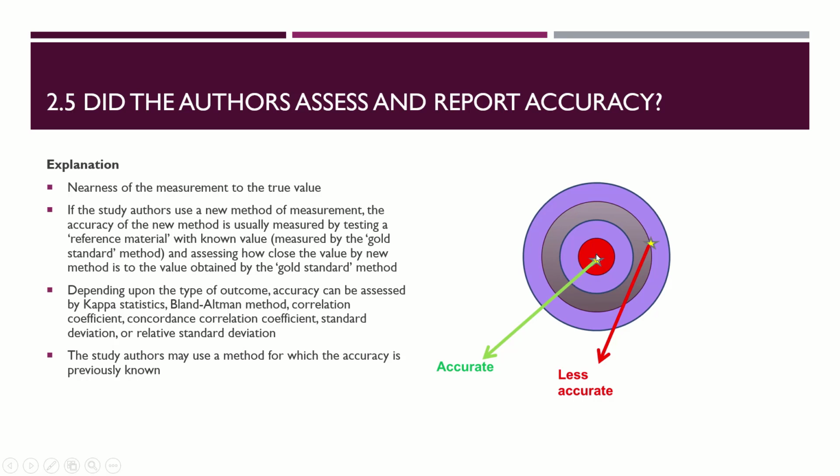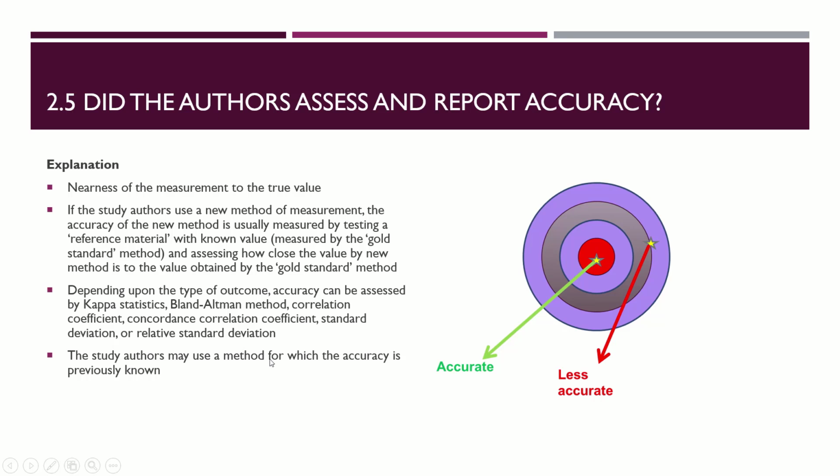And you score more marks if you hit the center as compared to the outer circles. So an accurate value would be in the center, in the bullseye. So nearness of the measurement to the true value is an accurate value. The farther away from the center you go, it's less accurate.